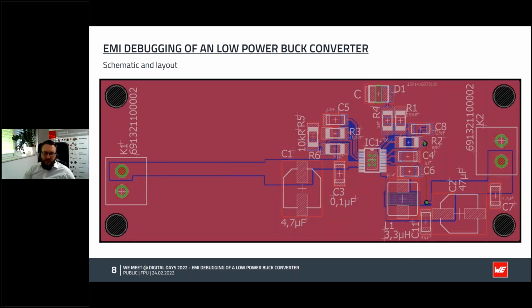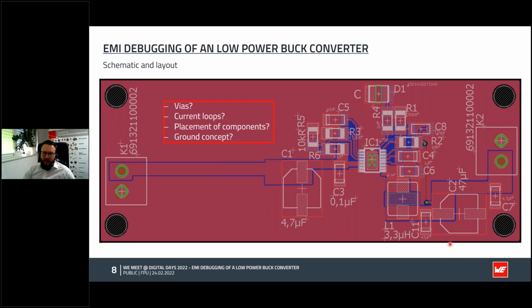When we had a look at the layout, hopefully a few of you think, "Oh my God, what has he done?" And of course, when we have a closer look at the design, we see there are no good connections to the ground. Especially from the filter components, we have quite a big current loop.